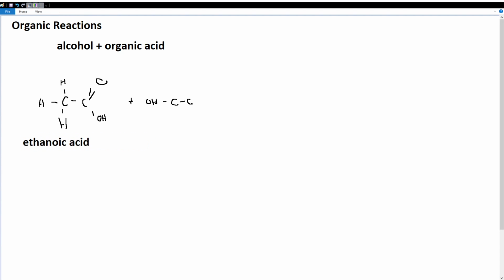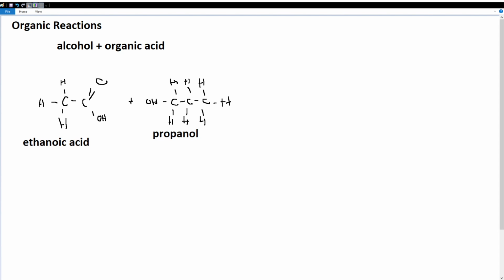So you have ethanoic acid, which is an organic acid, added to, let's make this propanol, propanol, which is an alcohol.